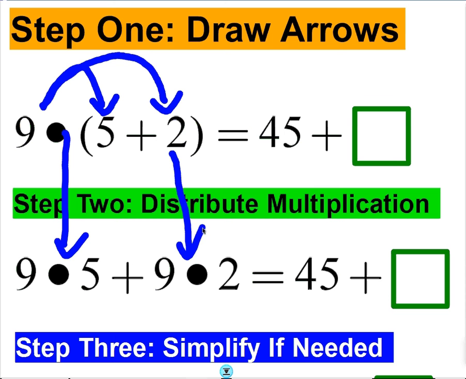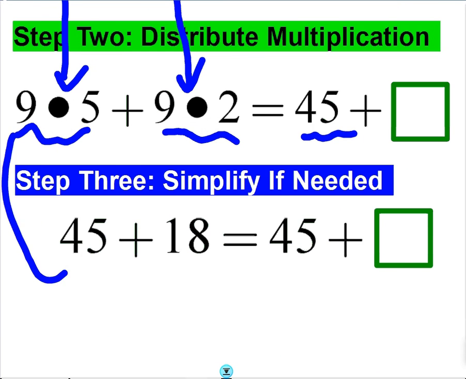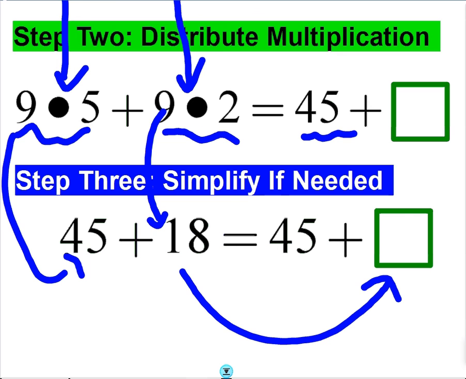Since we have a 45 here, we know we're going to be simplifying the 9 times 5, so we might as well go ahead and simplify the 9 times 2. We know 9 times 5 is 45, and 9 times 2 is 18, and therefore we can quickly see what goes inside of that box. 45 plus 18 must be equal to 45 plus 18.